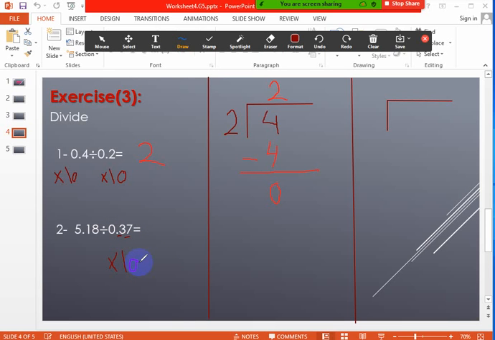So I have to use 2 zeros here because I have 2 digits after the decimal point. So I will use 100, not 10. So I have to multiply the dividend with the same number. Now, 5.18 multiply 100 equals what?